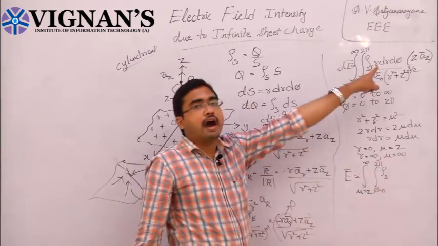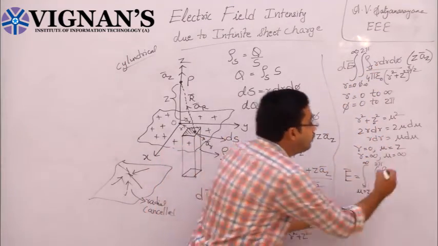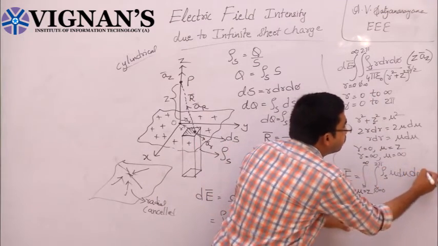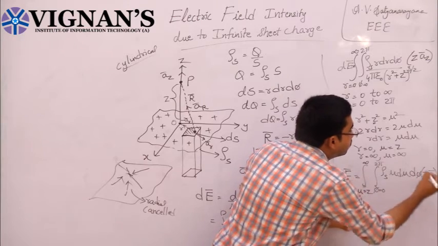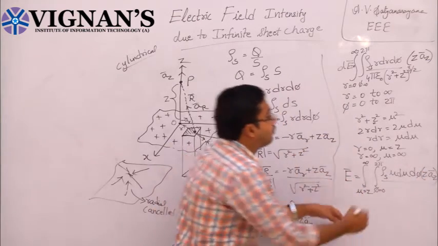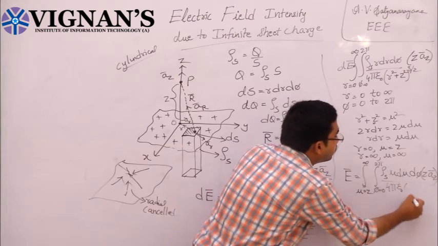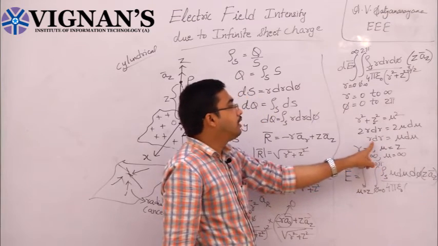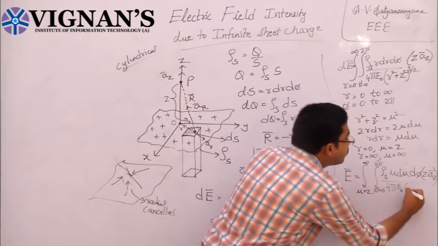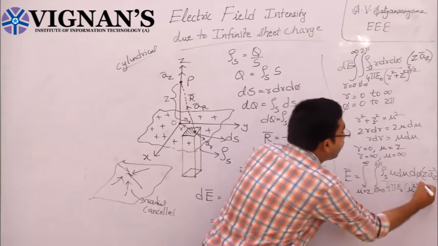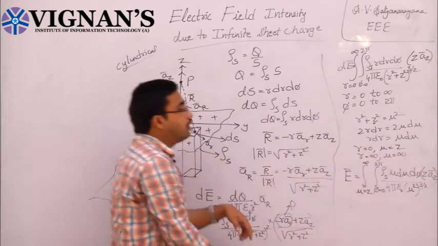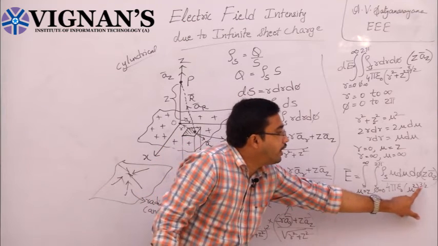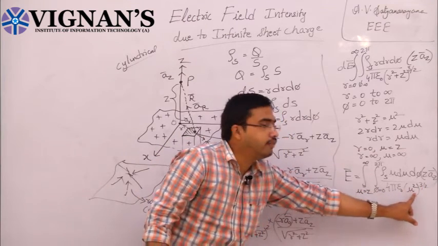In the place of r dr, we can write u du, into d phi, divided by 4 pi epsilon naught. In the place of r square plus z square, you can keep u square whole power 3 by 2. So if you take these limits, now the u square and this square will be cancelled and you will be left with u cube.